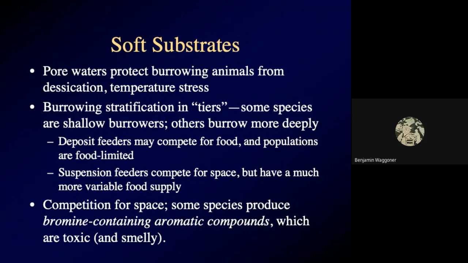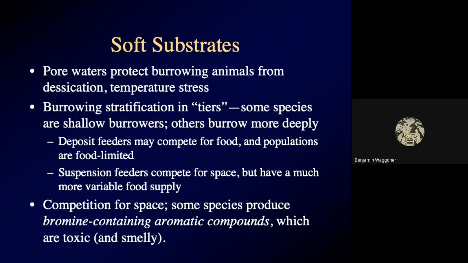And just like plants do, animals living in soft substrates may engage in chemical warfare. A number of intertidal organisms produce compounds that contain the chemical element bromine. Bromine comes from the Greek word for bad smell.